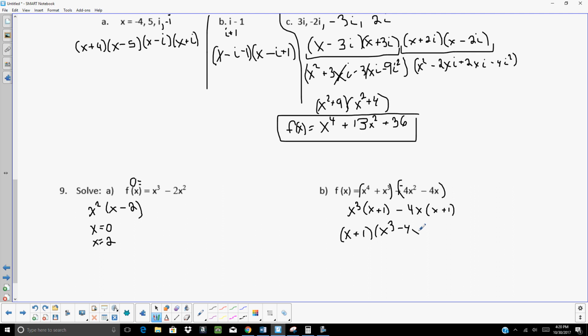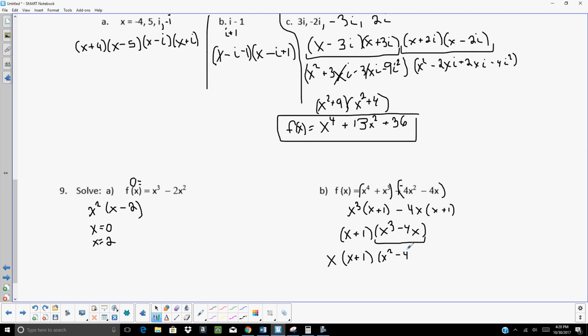And I can't believe I did this a second time. If you notice right here, x cubed minus 4x, there's a GCF there. I should have pulled out an x. So when I do that, and I'm pulling it out right there, I'm going to be left with x plus 1 times x squared minus 4.